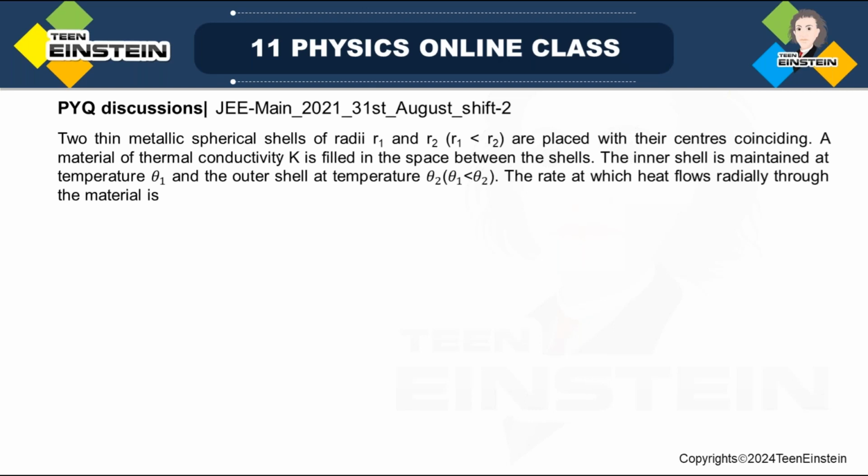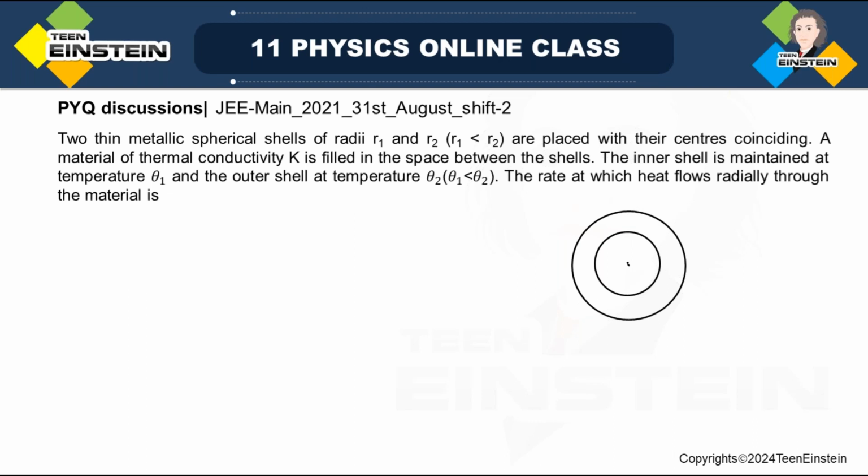Two thin spherical metallic cells of radii R1 and R2, where R2 is greater than R1, are placed with their centers coinciding. Okay, let me just give you the figure.